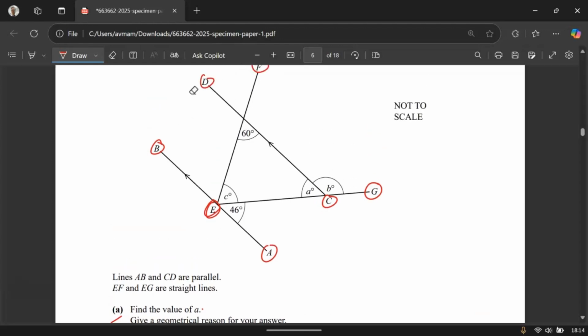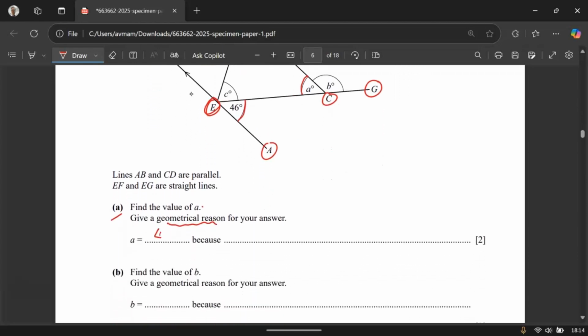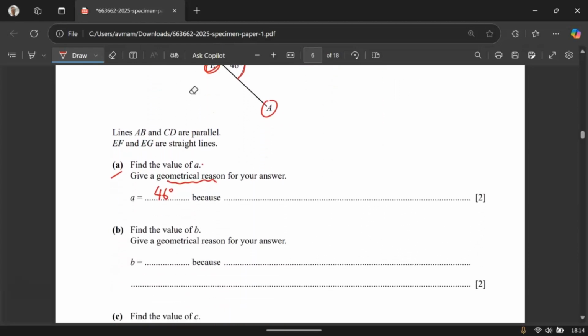So angles in parallel lines. When AB and CD are parallel, the alternate angles are equal. So A is 46 degrees and the reason is alternate angles are equal.